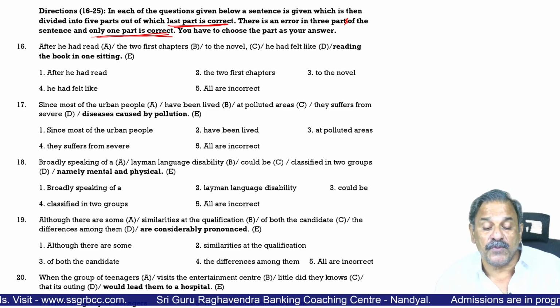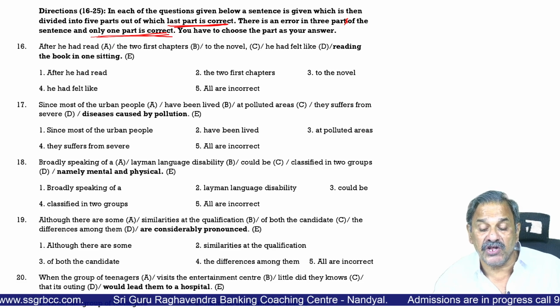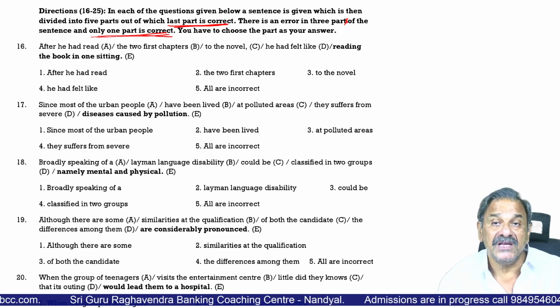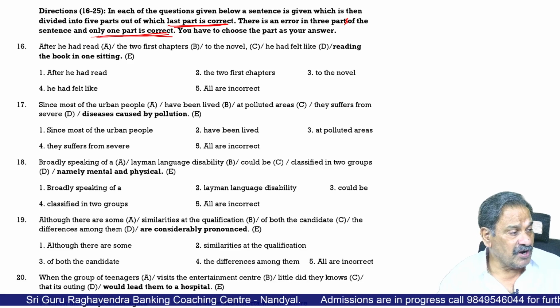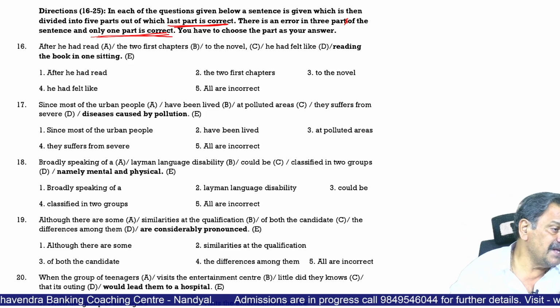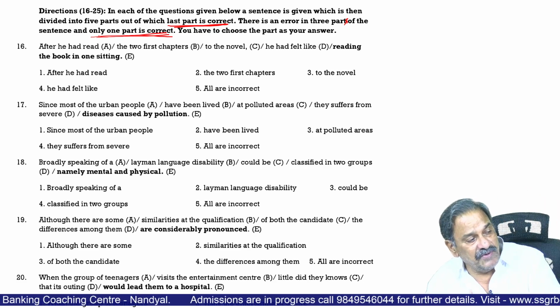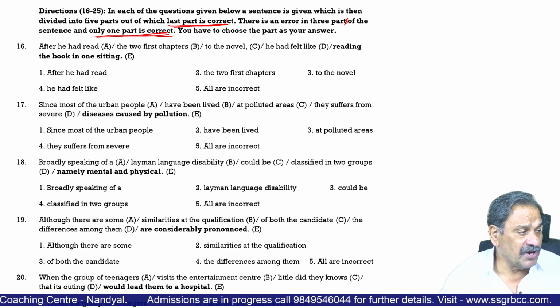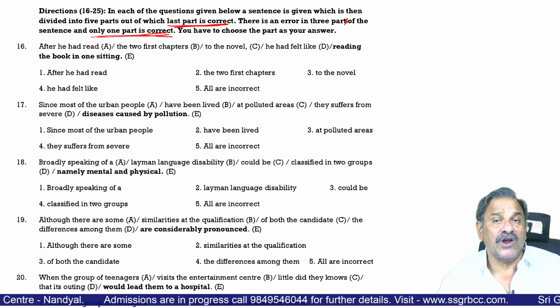You have to choose that part as your answer. That means your job is to identify the correct part. You are not going to concentrate on the last part. Last part itself is a correct one. So you have to concentrate on the other four parts and identify the correct part.